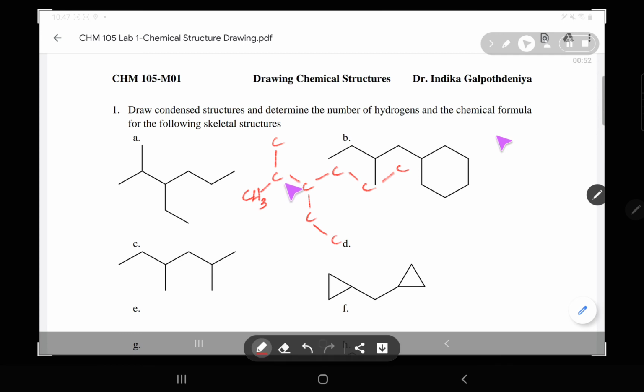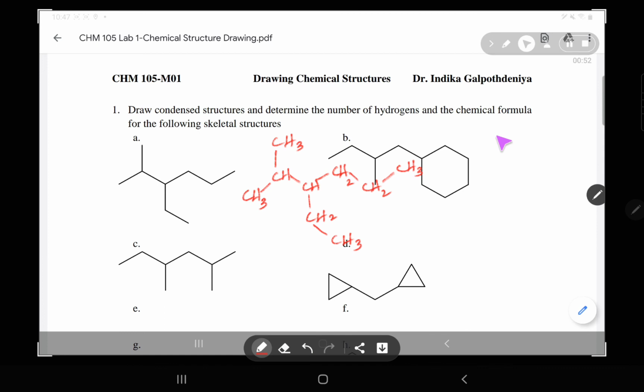This carbon has 3 carbon-carbon bonds, so the remaining bond should be a hydrogen. This carbon should be a CH3, this one a CH2, CH3, CH2, CH2, CH3. Depending on the number of carbon-carbon bonds, fill out the number of hydrogens.